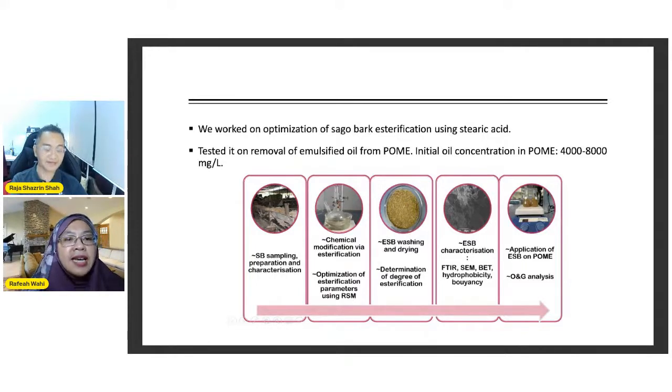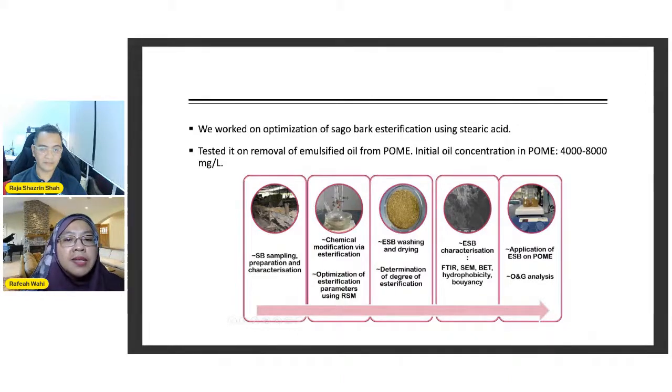They shave it off. Yes. They can only take the white component, the inner side of the trunk, to process. And the outer layer or the skin of the sago trunk, they have to throw away. Normally it has no use. They just dump it nearby the mill.